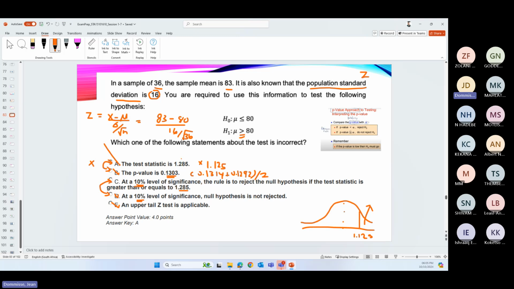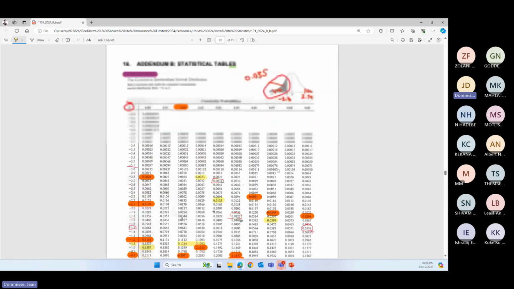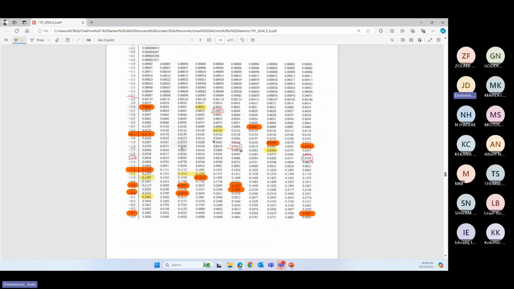See, so again, this is now interesting. Why do I not get the same? Let's quickly check if I look at 10% on this side. 0.1.